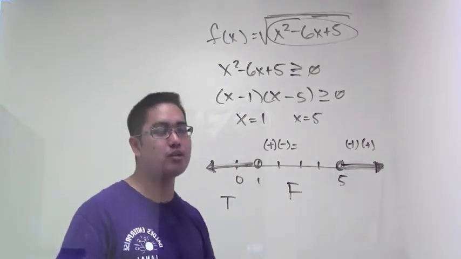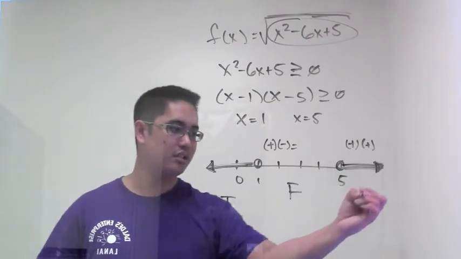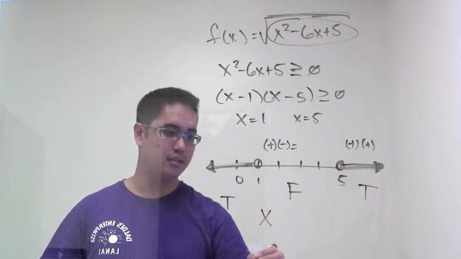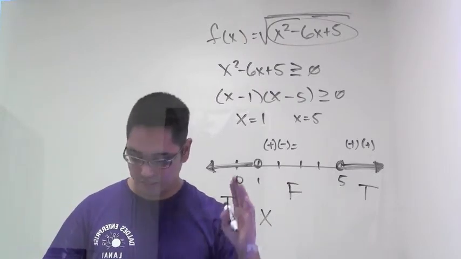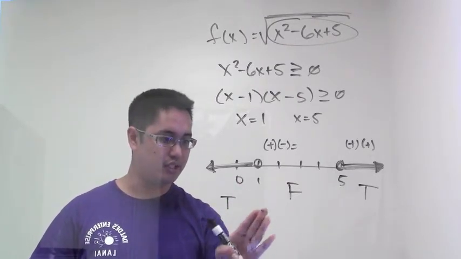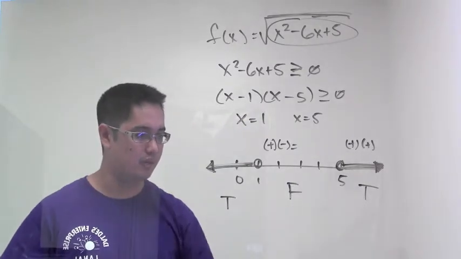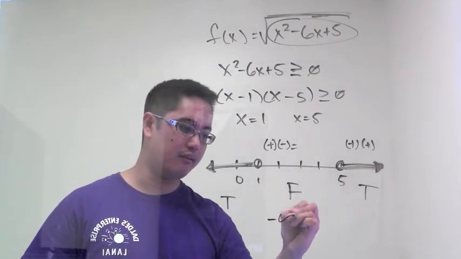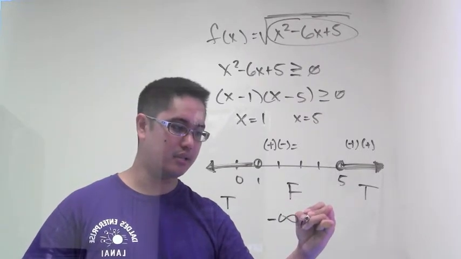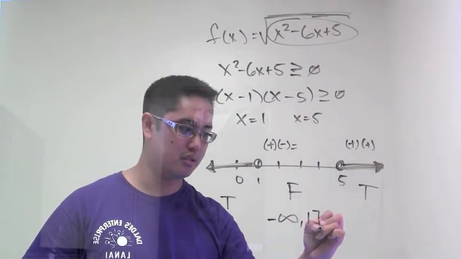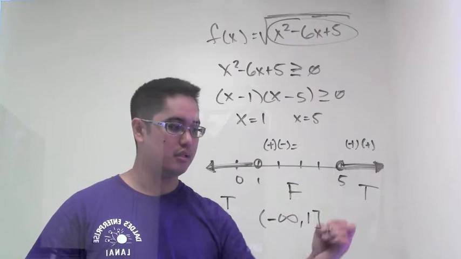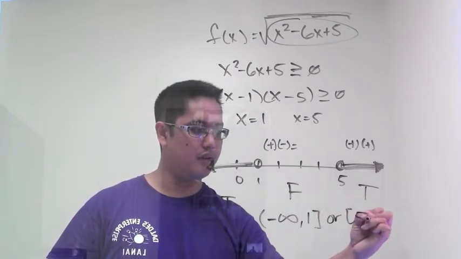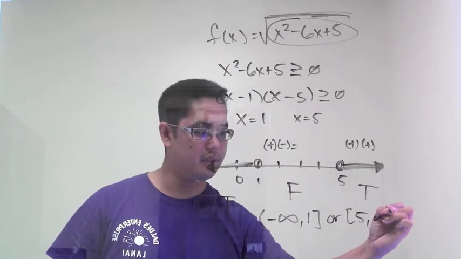So I would say that my domain is actually x such that, actually, instead of doing set notation, I'm going to use interval notation for this one. It just seems like the easier way to go about it. I would say that my x is allowed to be anywhere between negative infinity and positive 1, or 5 and infinity.